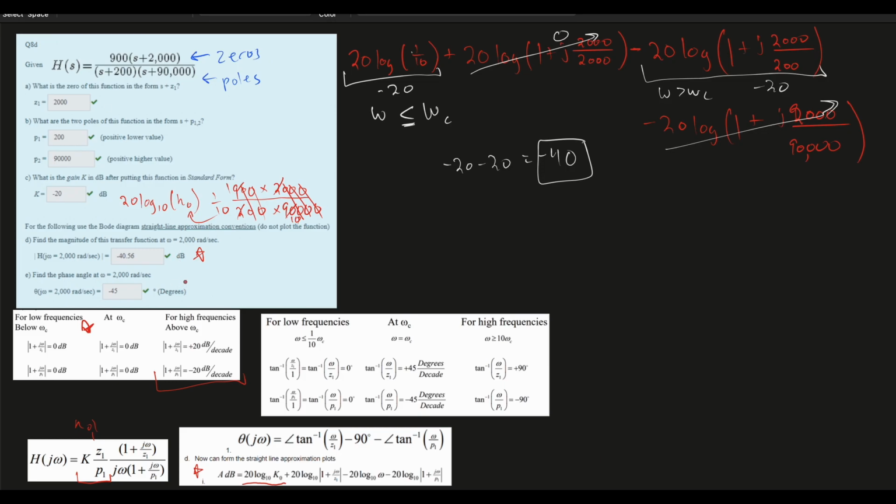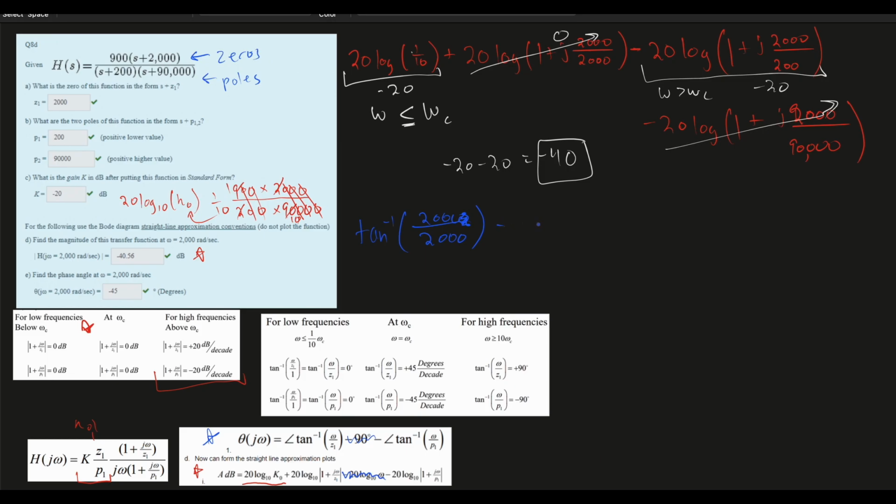Now we're going to look at the phase angle, and the phase angle I will do in blue. With the phase angle, we're going to be looking at this equation here. We don't need to worry about this negative 90, nor this omega right here. Plugging these values in, we have tangent negative 1 of our omega over our omega corner frequency, and we're looking at the zero first, so 2000 over 2000.